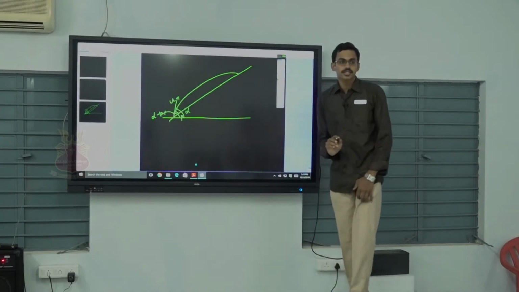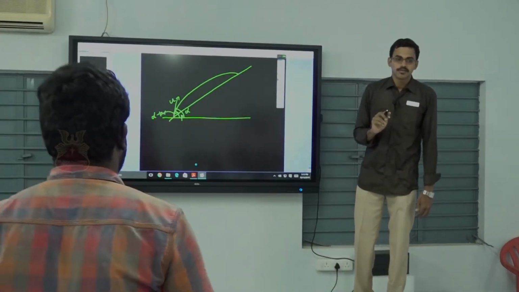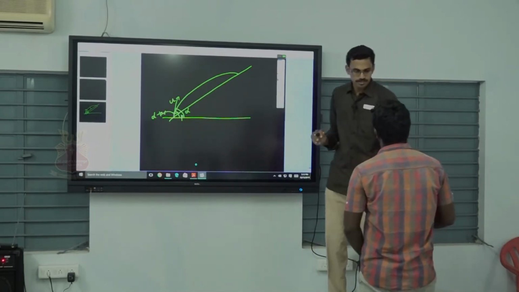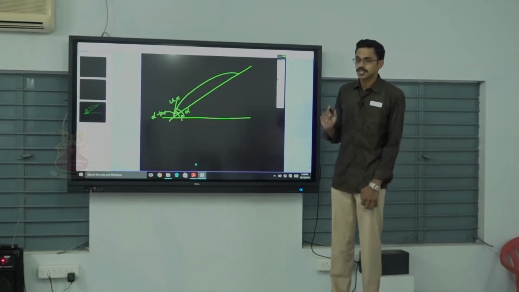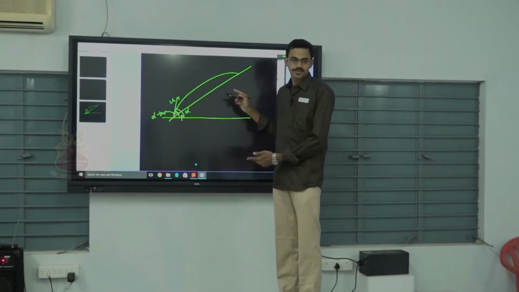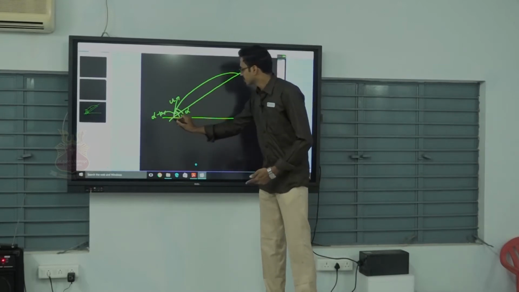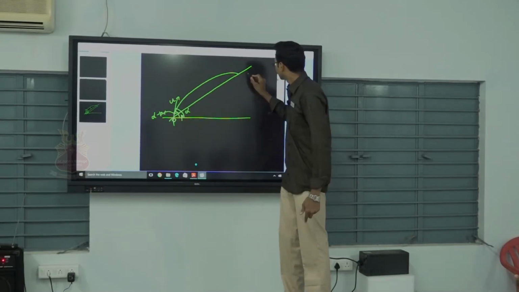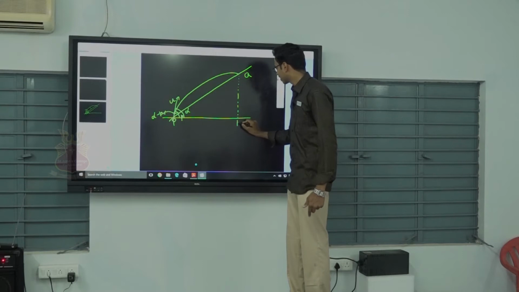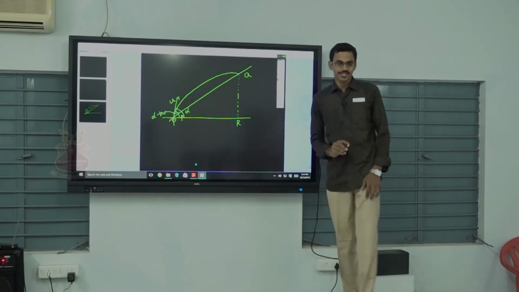First we want to calculate the range. What is the range here? Suppose this is P, this is Q, and this is R. Then what is the range?